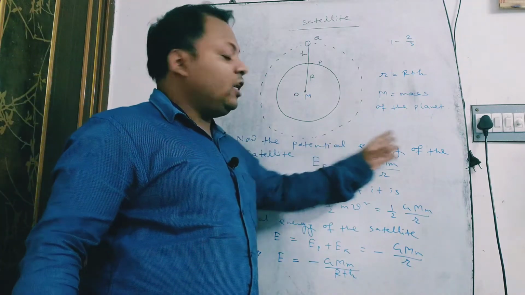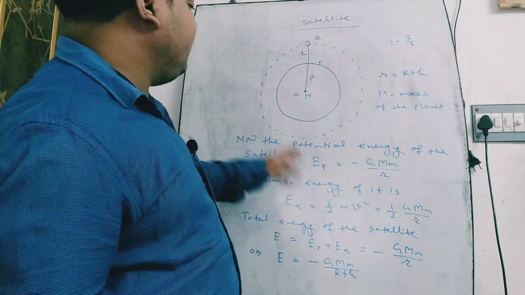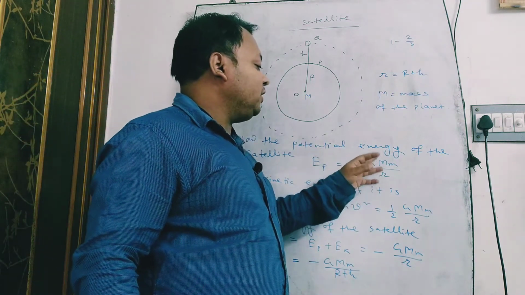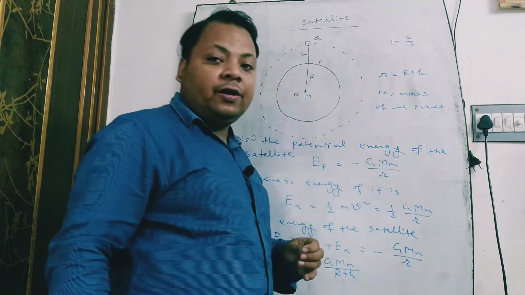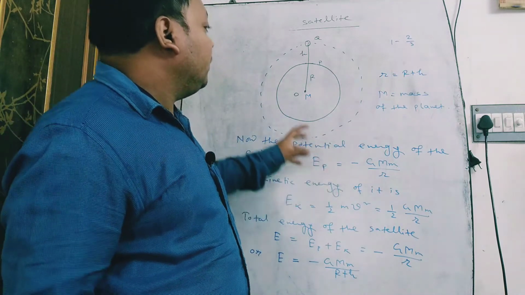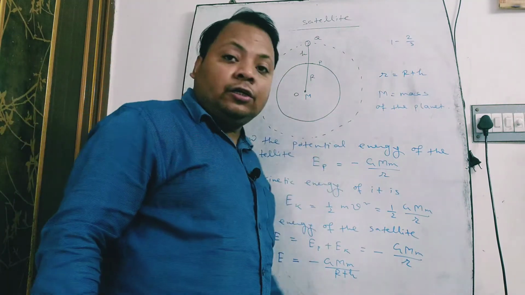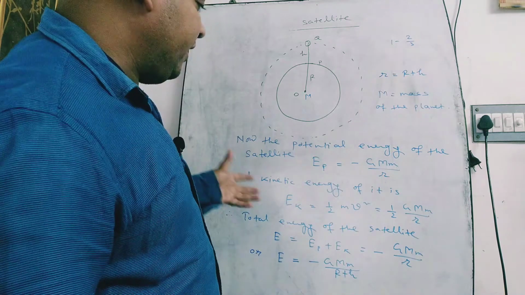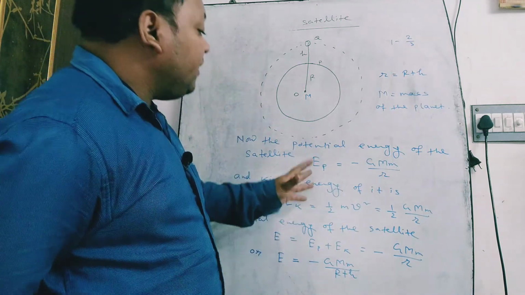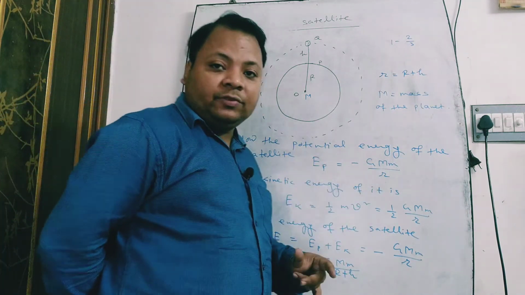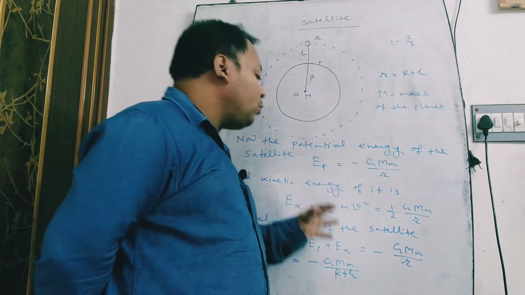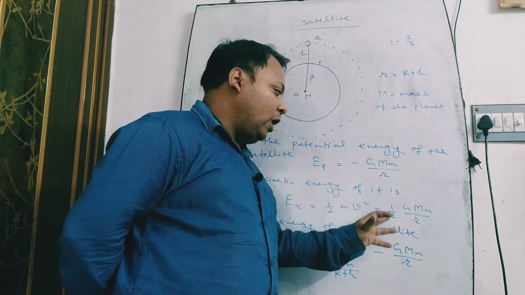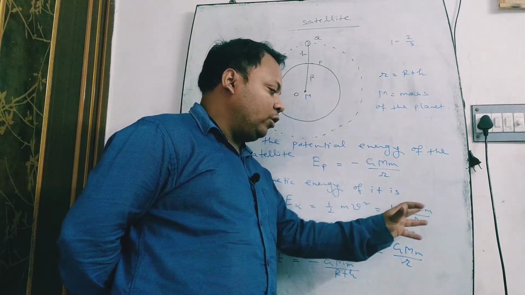Now the potential energy of the satellite, EP, is equal to minus capital G capital M small m by r. Here the negative sign denotes the attractive nature of the force. The kinetic energy of the satellite, EK, is equal to half m v square, which is equal to half capital G capital M small m by r.